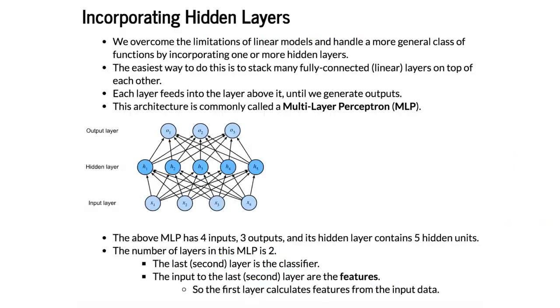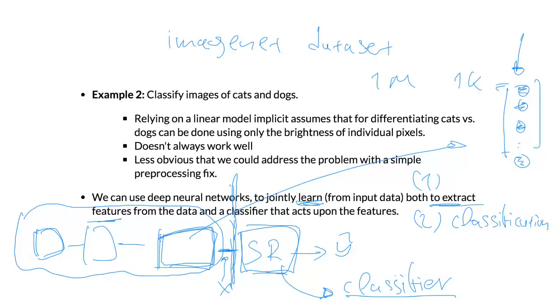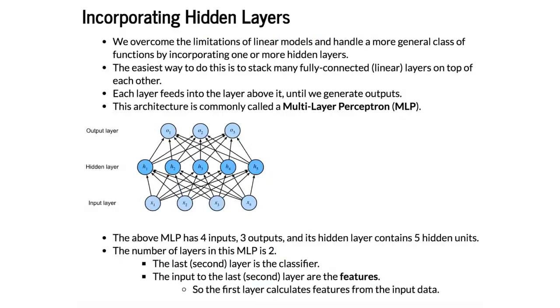And if all of these are fully connected layers, then the architecture is called a multilayer perceptron.